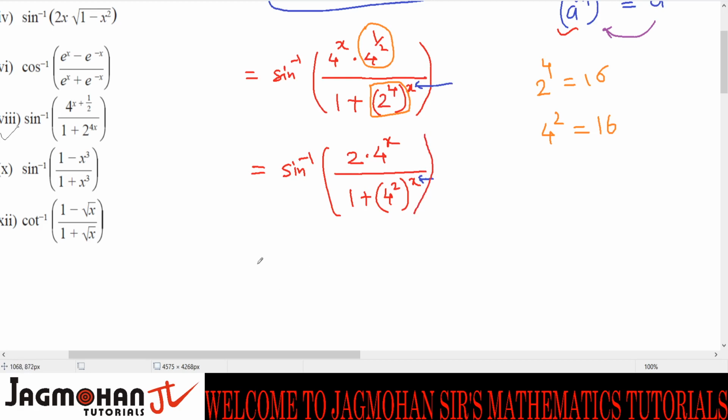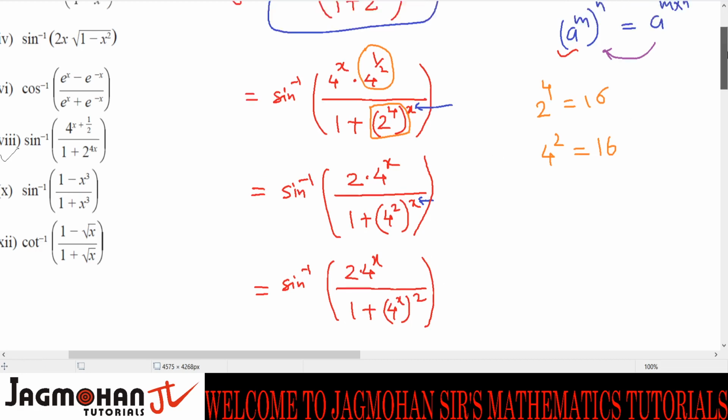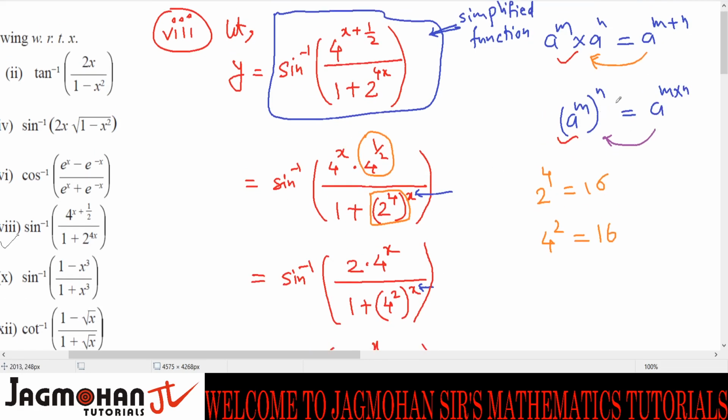The next step I get is sine inverse of 2 times 4 raised to x divided by 1 plus 4 square the whole raised to x, which can be written as 4 raised to x the whole square. This is another law of indices, which is actually a corollary of this part itself. For example, I'll show you. This is a raised to m the whole raised to n, which is a raised to m into n.